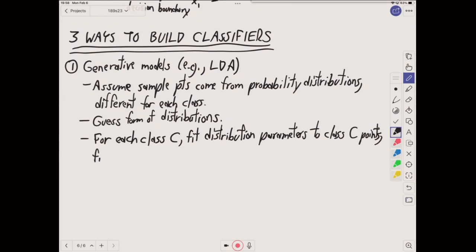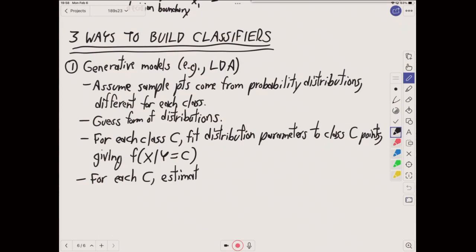That gives us what are called the class conditional distributions, PDFs of the form f(x | y = C). Then for each class C, you also need to estimate the prior probability. Once you have those 2 things, you can use Bayes' theorem to get the posterior probability.